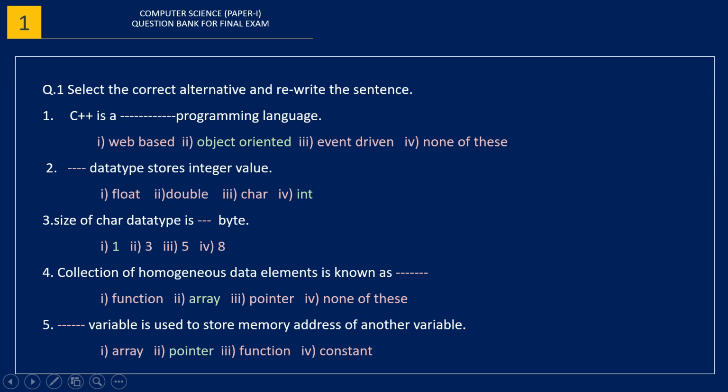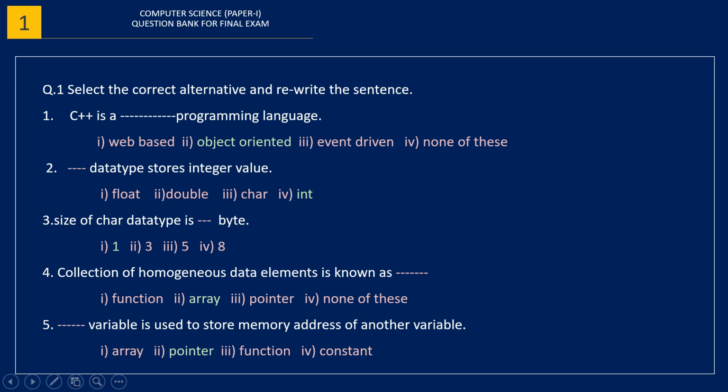Collection of homogeneous data elements is known as, and homogeneous means similar type of data elements. Where can we store the elements of the same data type? It's in an array, because functions are blocks of code or the functionality we write into them, and pointers point to a memory location. So array is the correct answer.